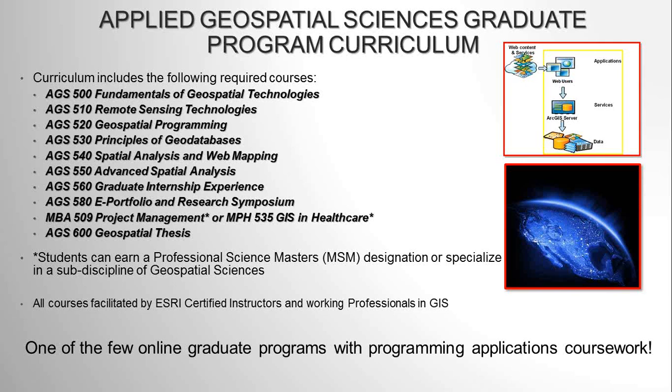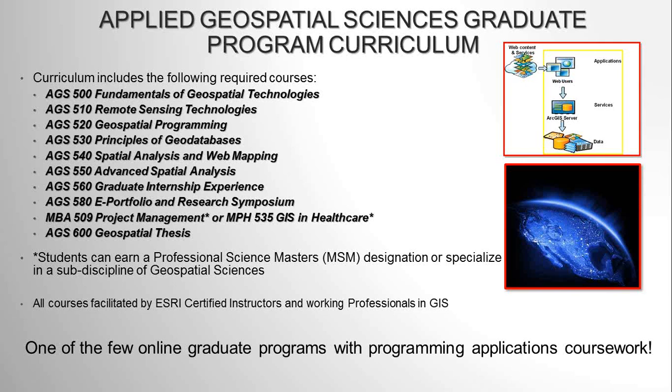You will continue that experience dealing with principles of geodatabases in our AGS 530 course, followed by spatial analysis and a newer web mapping course, which includes a number of different types of work, including work with APIs and doing some low-level programming as well.